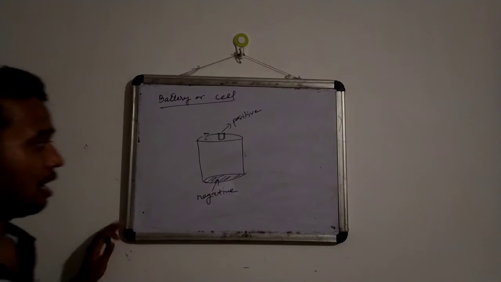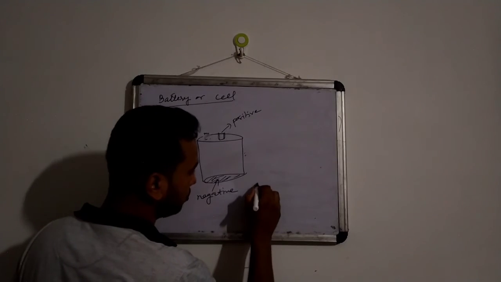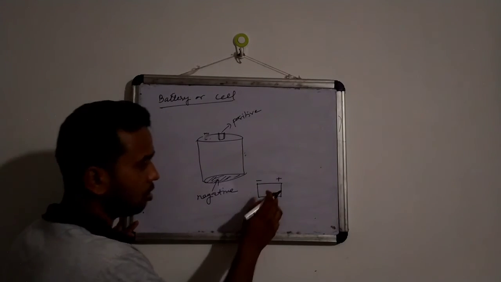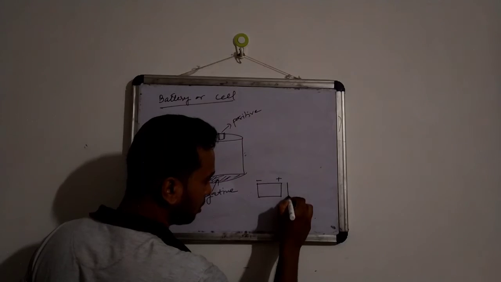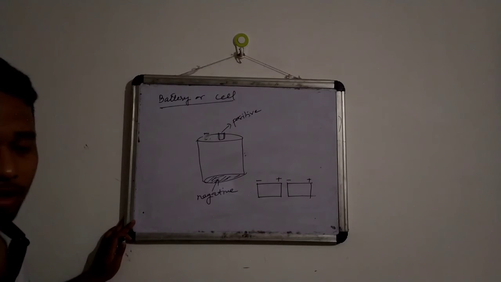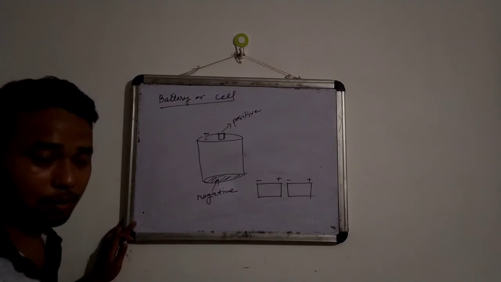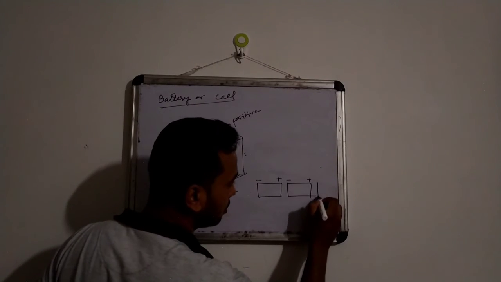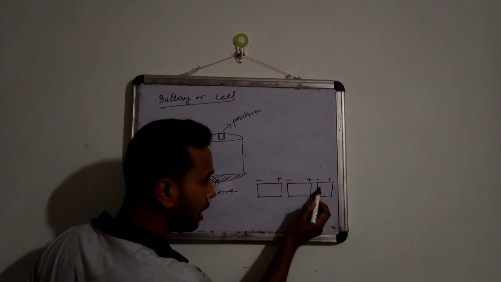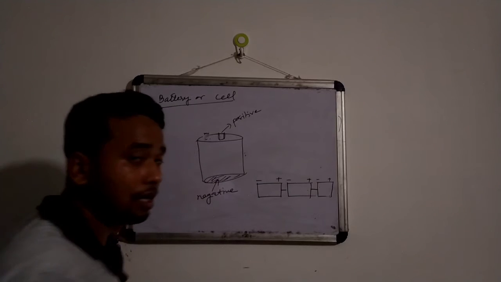Okay. Now if we connect a number of cells to make a battery, then what we have to do is connect the positive terminal of this cell with the negative terminal of the second cell. Okay. Positive terminal of the first cell is connected to the negative terminal of the second cell. Then again, the positive terminal of the second cell is connected to the negative of the third cell. So in this way we have to connect.